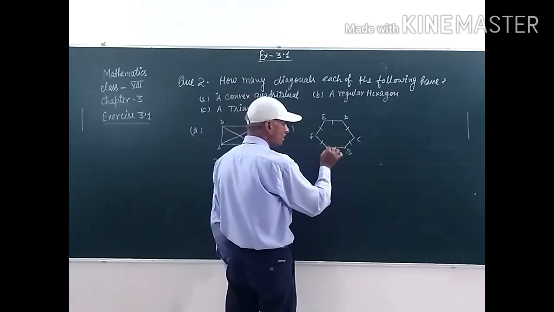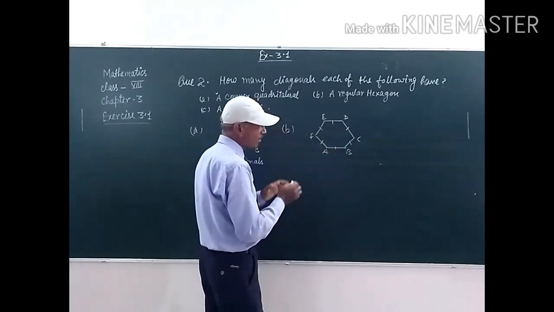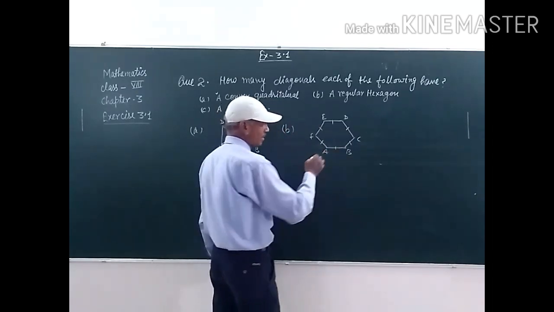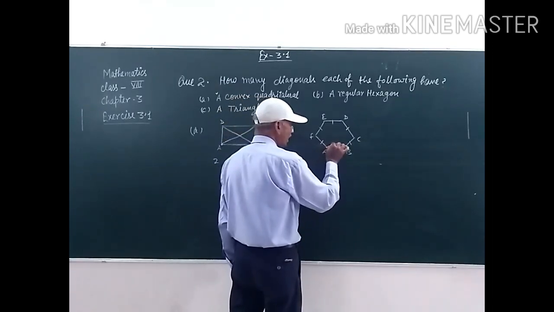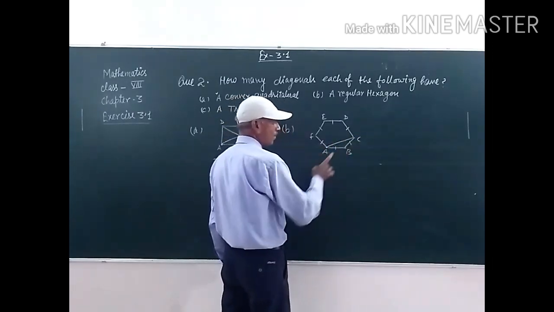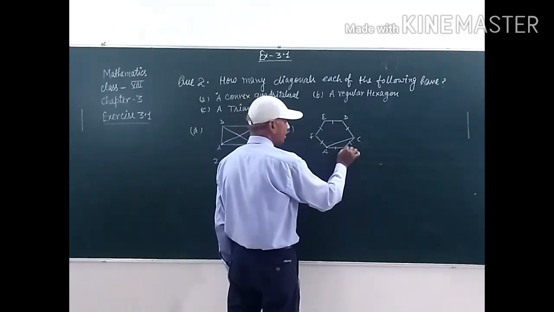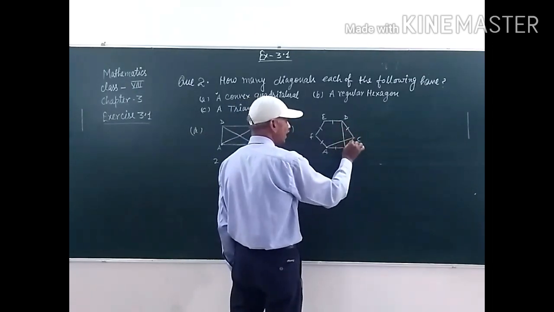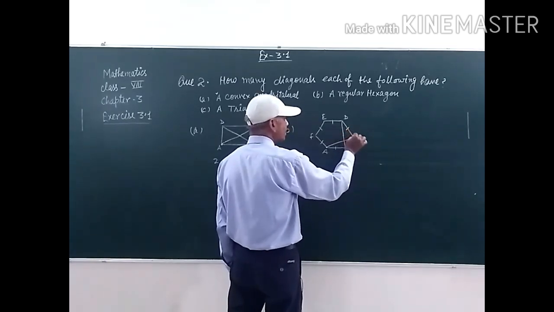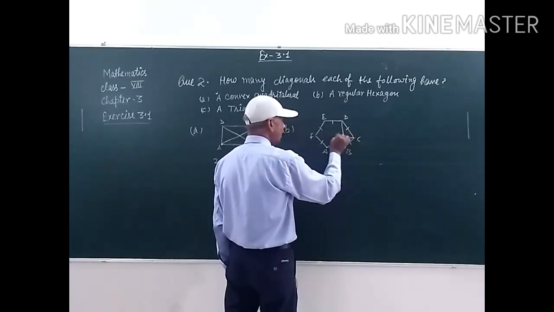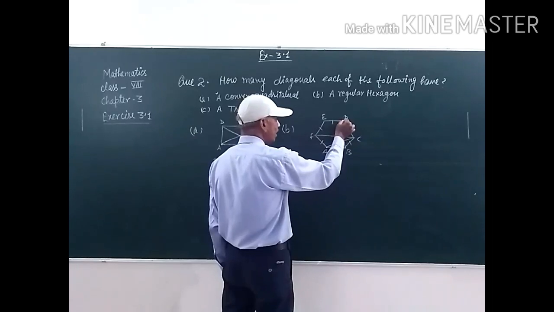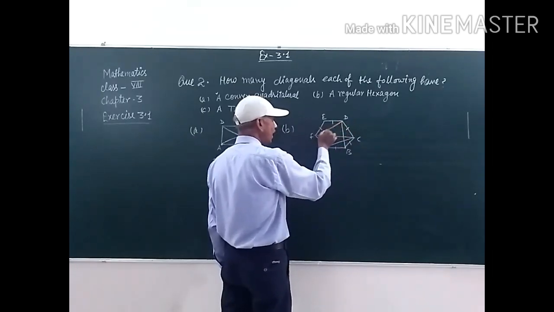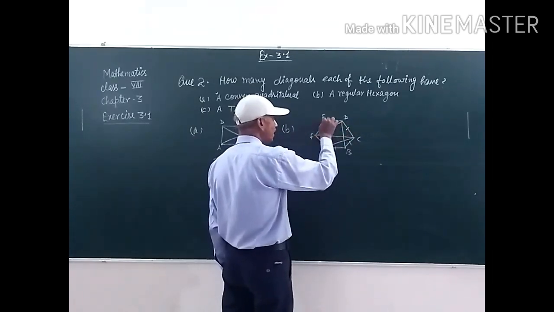So first join the non-consecutive vertices. This one, A and C, first diagonal. B and D, second diagonal. C and F, third diagonal. D and F, fourth diagonal.